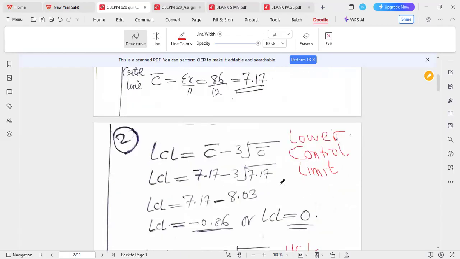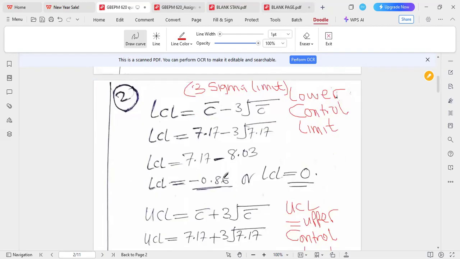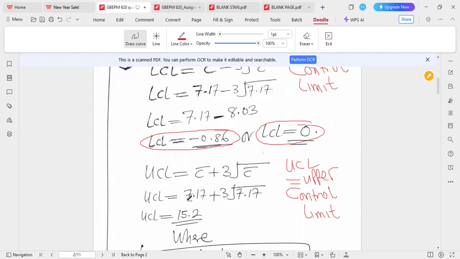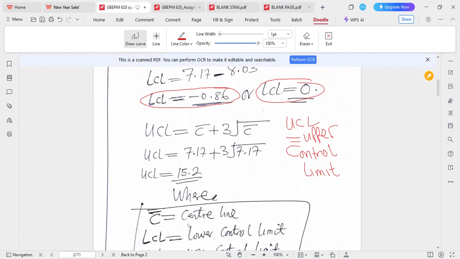Finding the lower control limit, 3 is a 3 sigma limit and is standardized. We are getting the lower control limit as negative 0.86, or 0. If it gives a negative, then it means 0. Upper control limit is C bar plus 3 times the square root of C bar, which is 15.2.